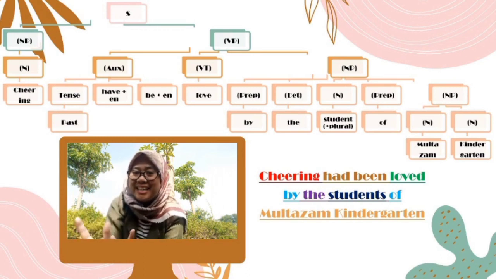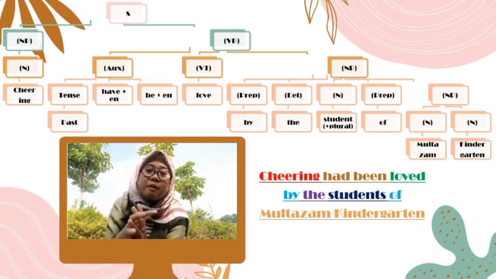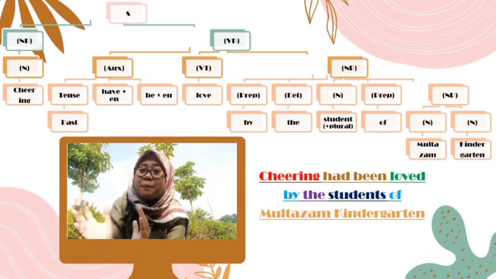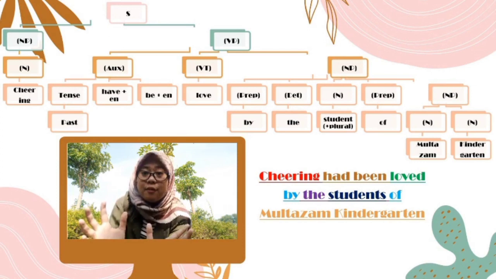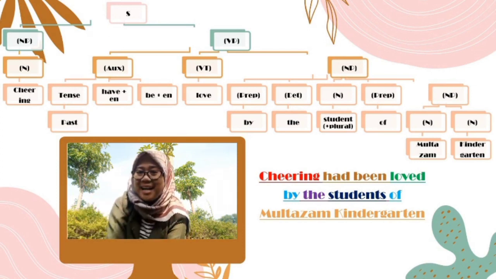Have plus en shows the past participle verb. Also, be plus en is the irregular verb form of be. Then we have the VT verb love, without adding a d behind.